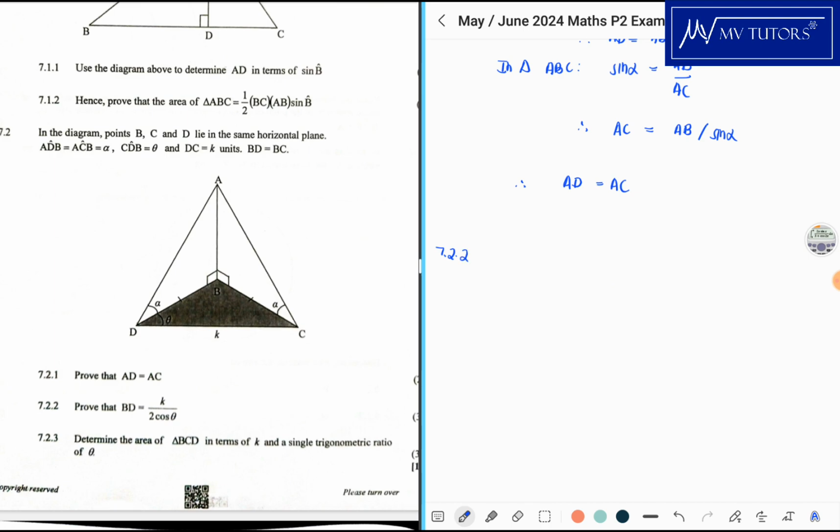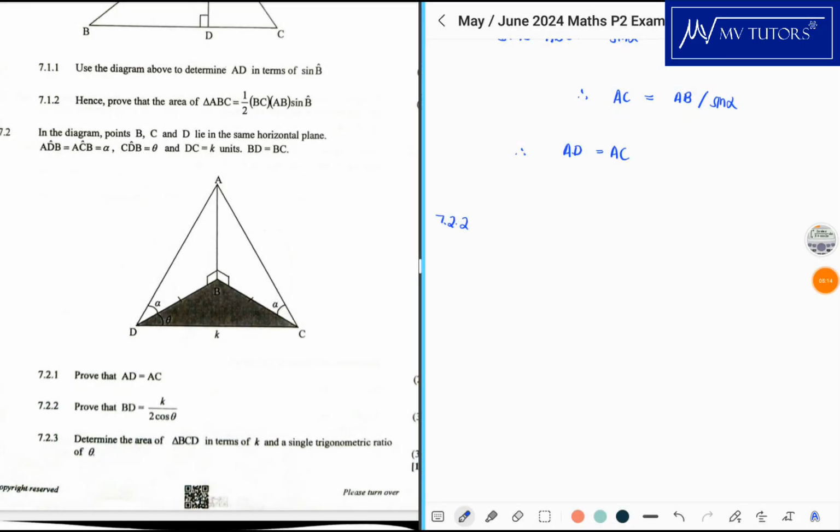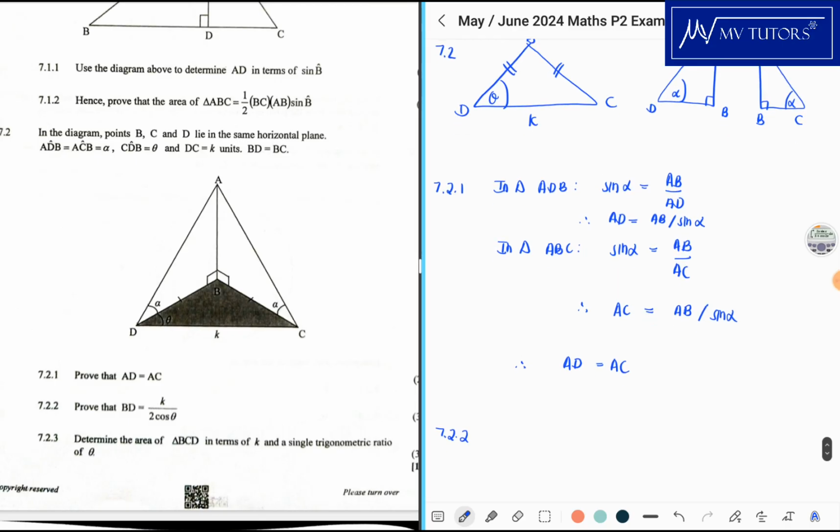Prove that BD is equal to K over 2 cos theta. So here I'm thinking we're going to use the cos rule. Since I need to make BD the subject of the formula, I'll start with that.